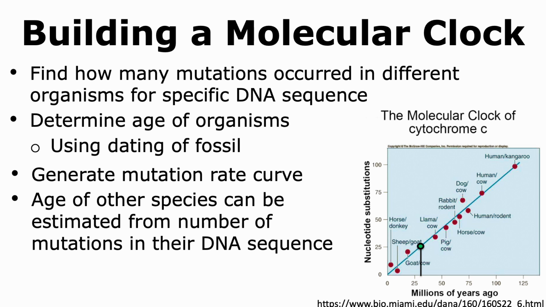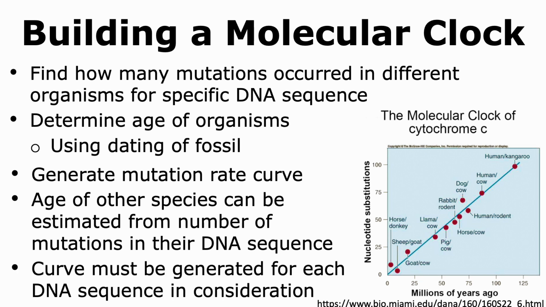And that way, the organism evolved around 30 million years ago. Such a curve has to be generated for each DNA sequence that will be considered as a molecular clock.